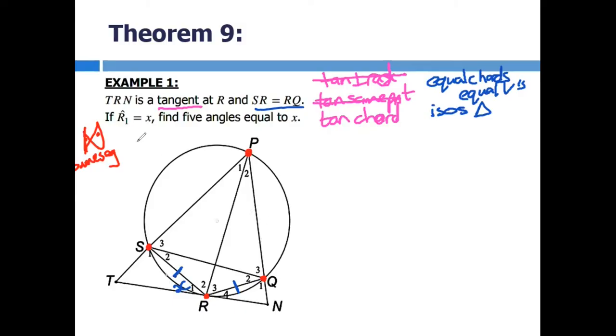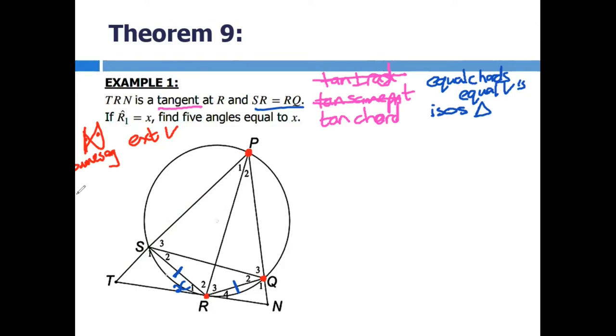The next one is the exterior angle of a cyclic quad. Exterior angle. And I do have an exterior angle. Do you see that that side carries on and it goes past? So I do have an exterior angle, so that could also be useful. And the last cyclic quad one is that the opposite angles are supplementary.